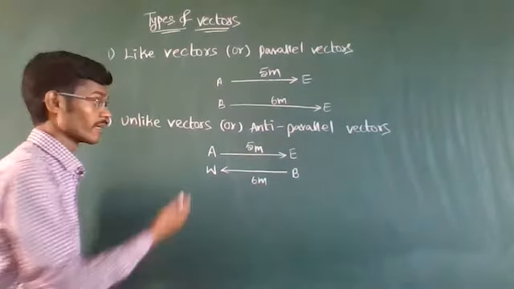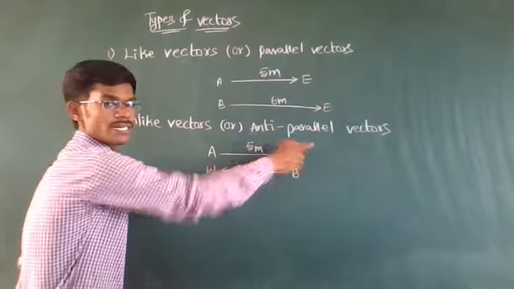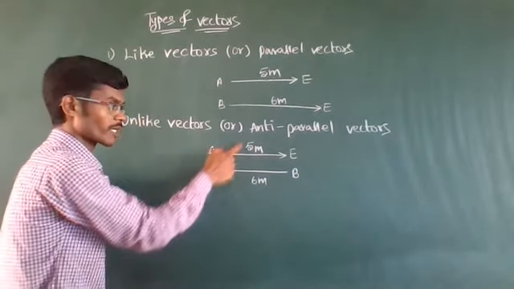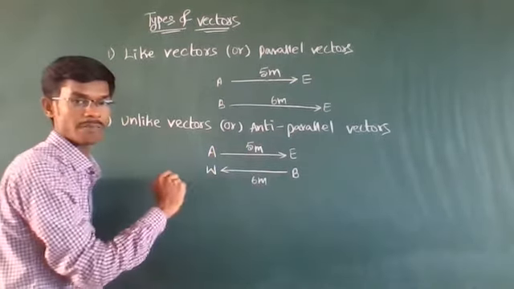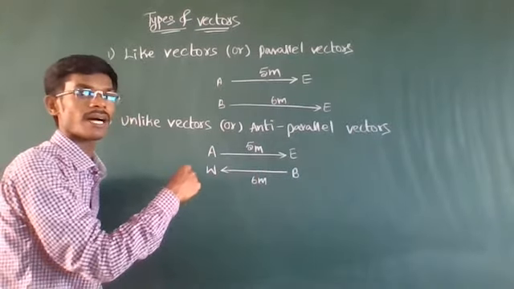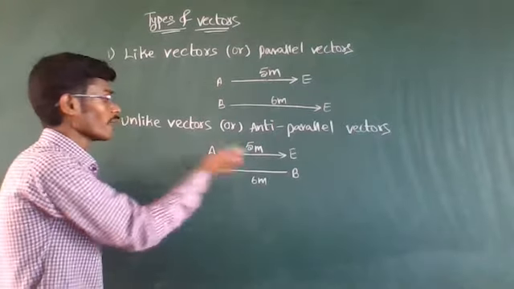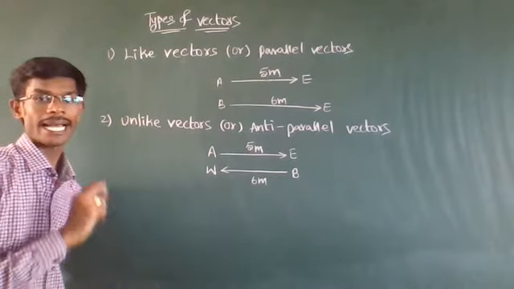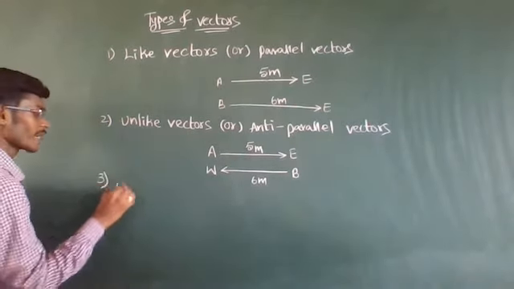If you observe these two, A is running along the east direction, B is running along the west direction, and A has covered 5 meters, B has covered 6 meters, which means the distances A and B have covered are different, and the direction is also different. Like this, physical quantities we will consider as unlike vectors or anti-parallel vectors. Then the next one, equal vectors.